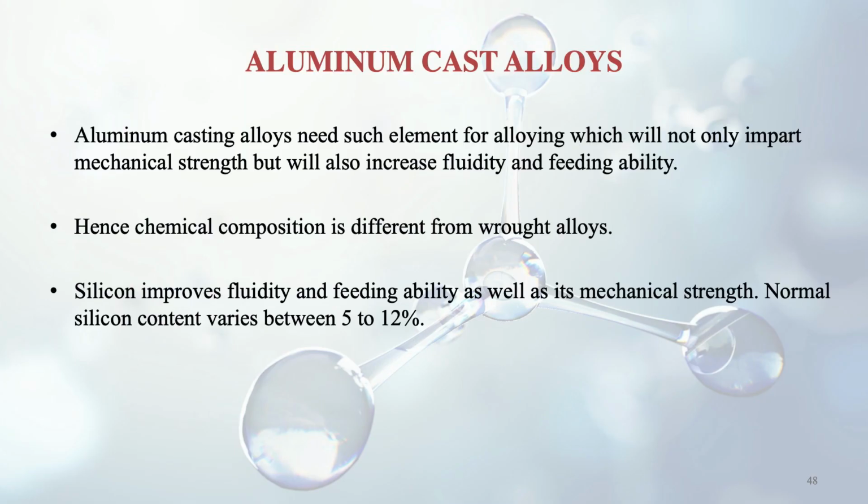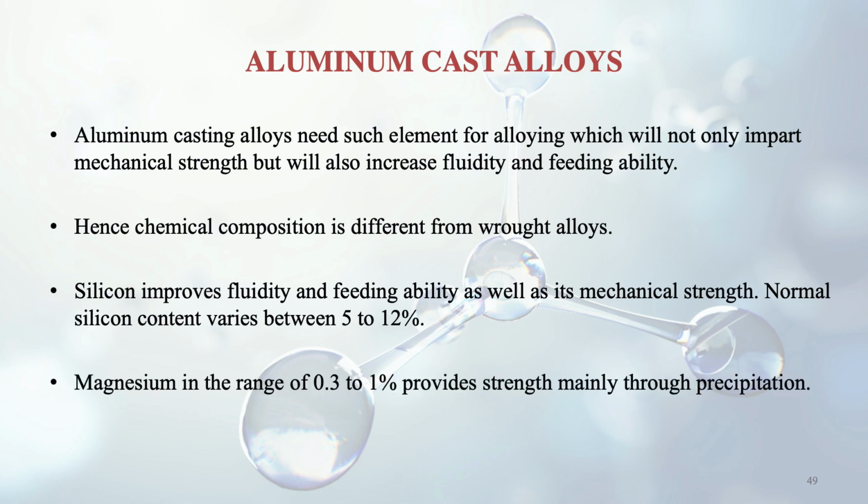Silicon improves the fluidity and feeding ability as well as the mechanical strength. Normal silicon content in aluminium is around 5 to 12%. Magnesium will be in the range of 0.3 to 1%, and it provides strength mainly through precipitation. Also zinc, tin and titanium are sometimes present.